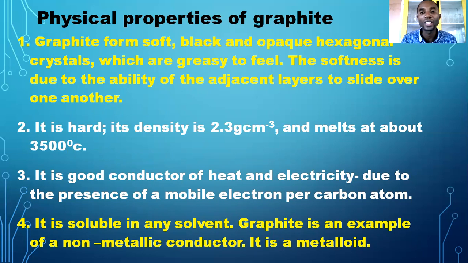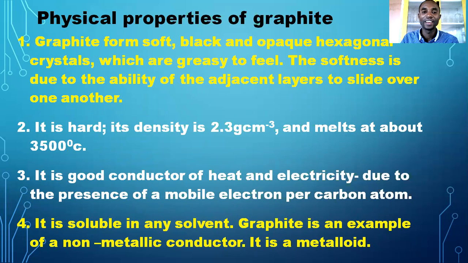Of course, we know that non-metals are not good conductors of heat and electricity, but when carbon exists as graphite, it conducts electricity. It's one of the non-metallic elements that conduct electricity. That is why it is sometimes called a metalloid, because it has metallic character.